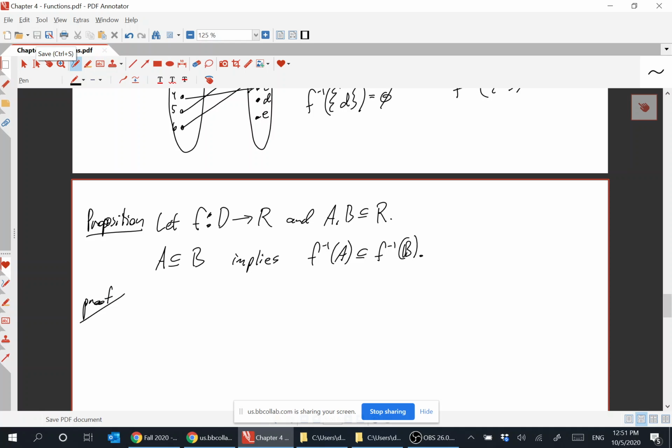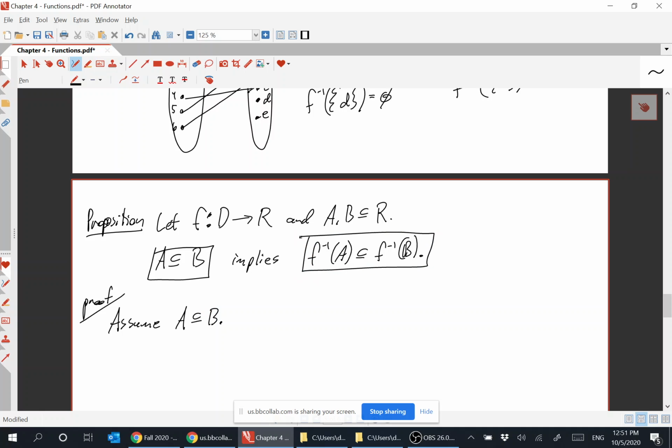Okay? So, assuming A is a subset of B. Whenever you want to prove an implication statement directly, you have to assume the hypothesis is true, show the conclusion is then forced to be true. Right? When is an implication false? When the hypothesis is true and the conclusion is false.